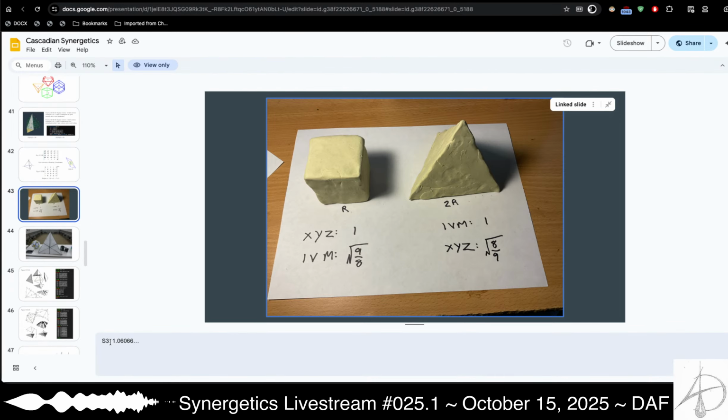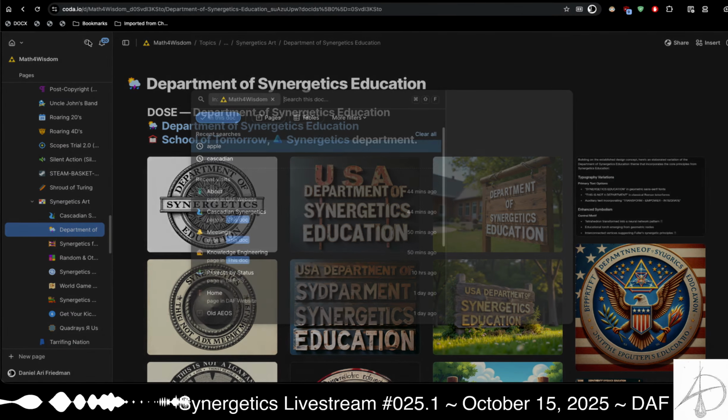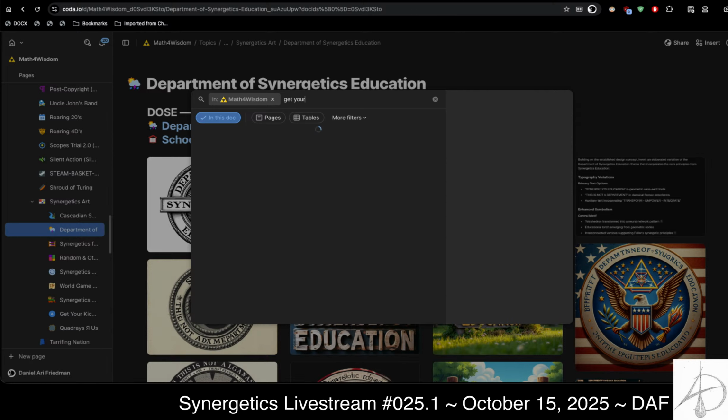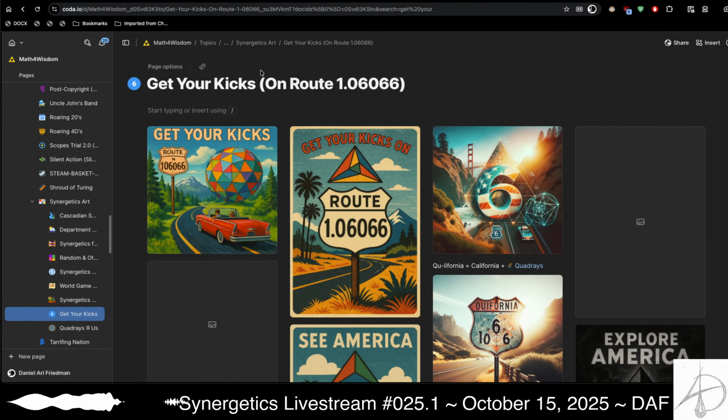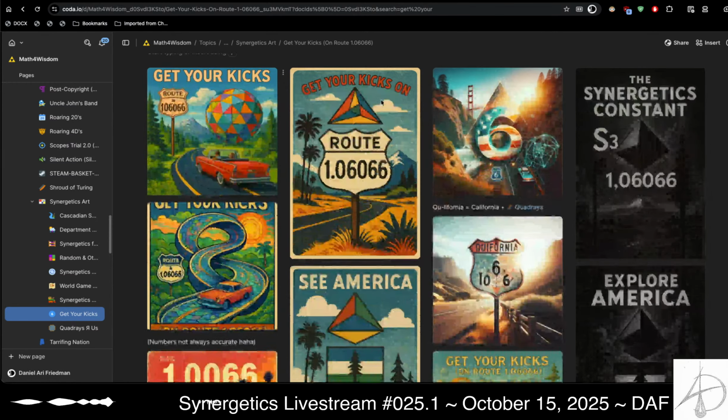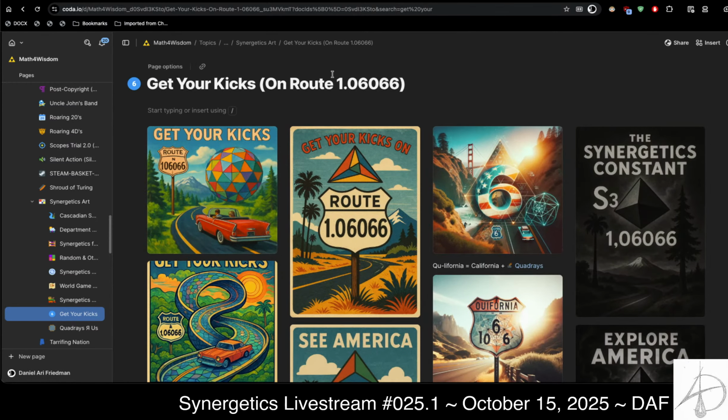So that's off by this factor, which is called S3, Synergetics constant in the 3rd power, which is 1.06066, and sometimes referred to as get your kicks on Route 106.066.